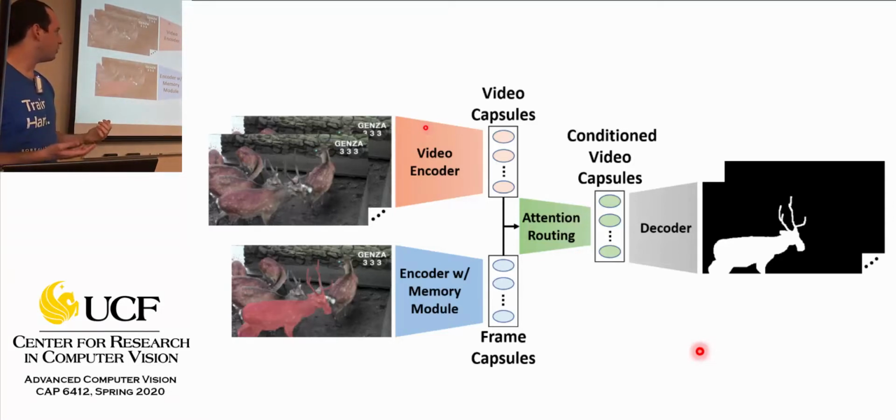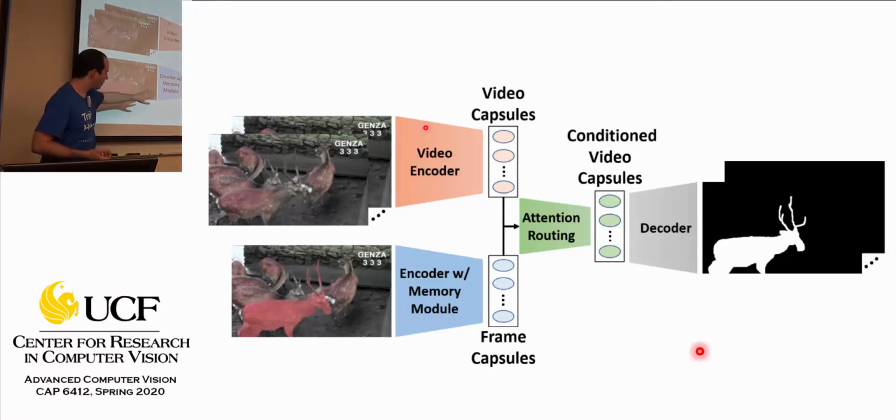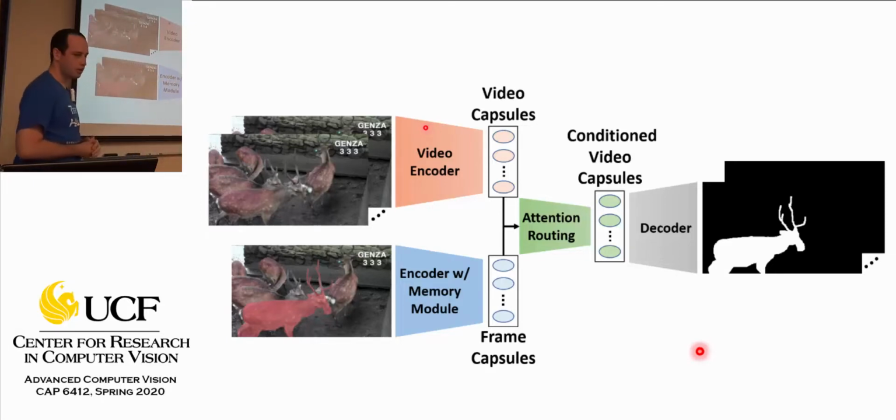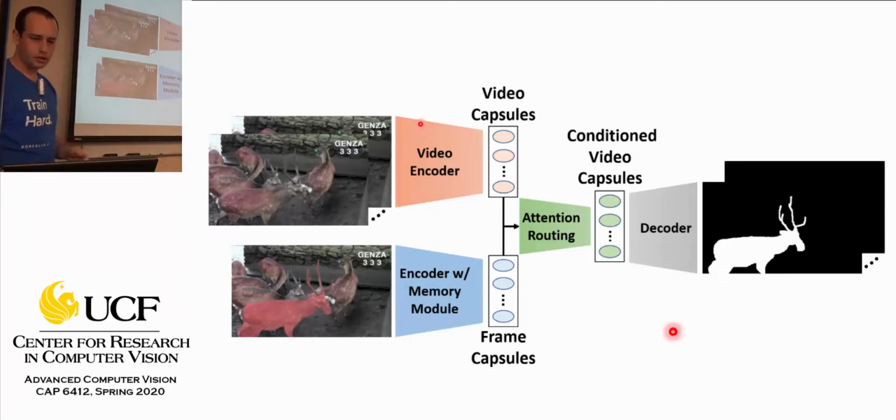We technically don't want that, because what we want is to find the agreement between this set of capsules here and the video capsules. We want to find the agreement between this set and that set. We don't want to find the agreement between all the capsules, just put in a bag, to get a final capsule representation.